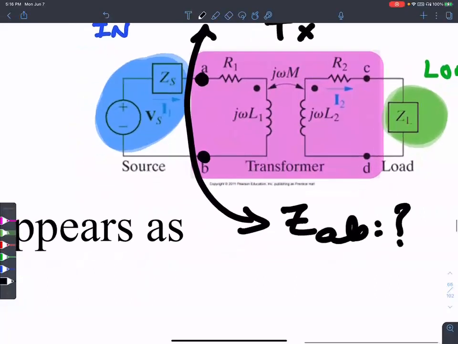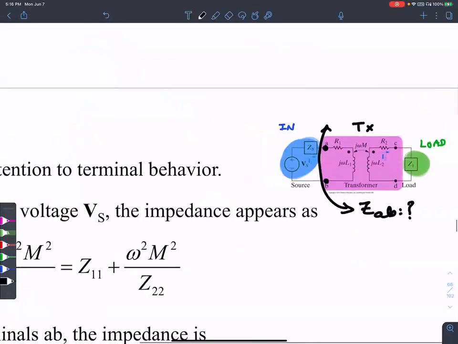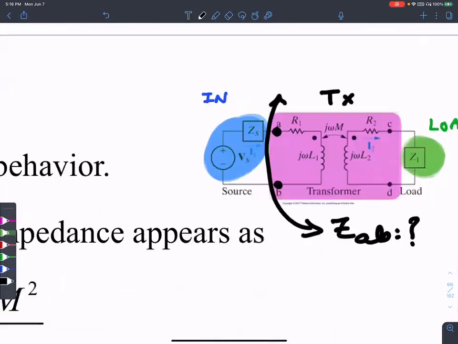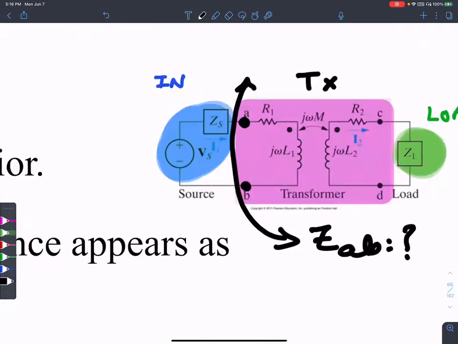That's an interesting question because you want to match impedances. There are things that you can do by carefully matching the impedance looking into the transformer.